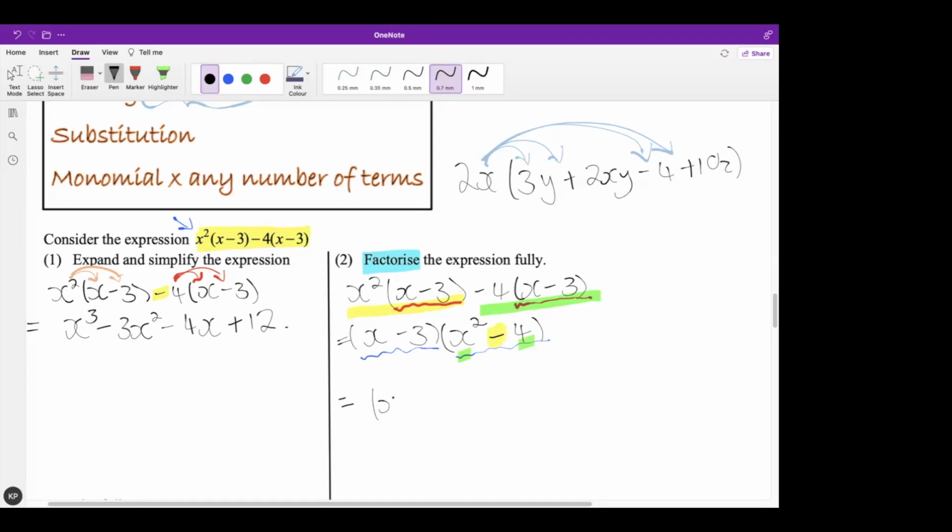So, first bracket, I'm just going to rewrite it, x minus 3. Now, let's factorize my difference of 2 squares. What are my first factors for x squared? Nice. x and x. My 2 symbols in the brackets: plus and minus.